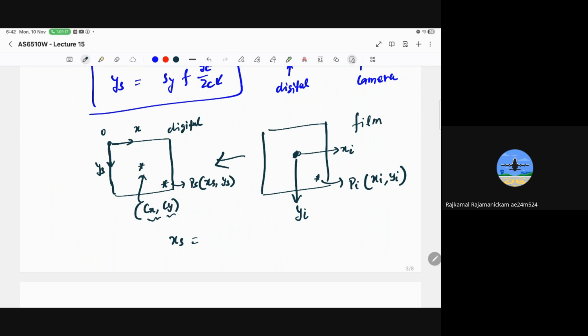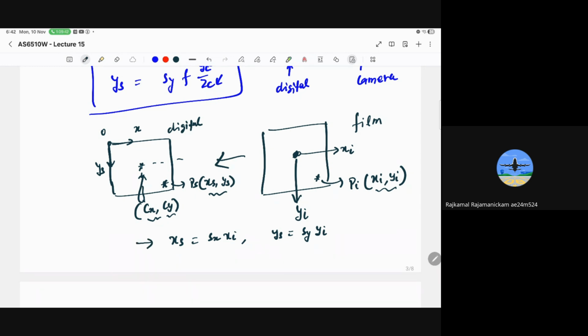These coordinates are related to this coordinate with the help of pixel density. So xs was pixel density in x direction, sx, into xi, and ys was pixel density in y direction, sy, into yi.